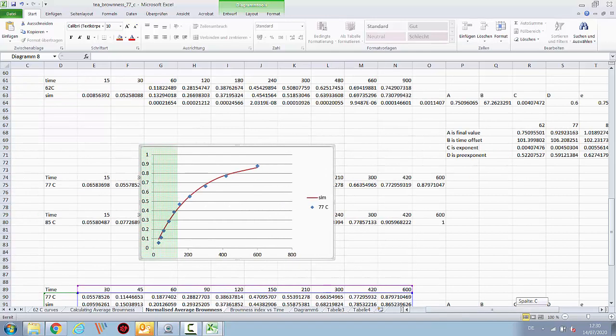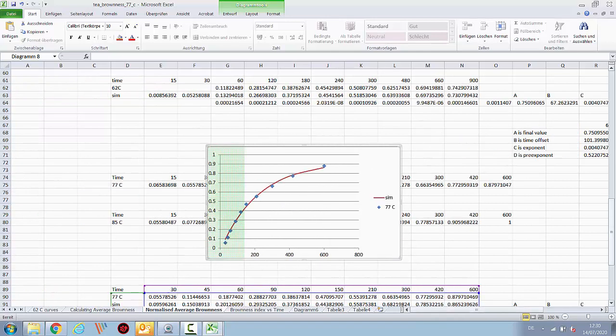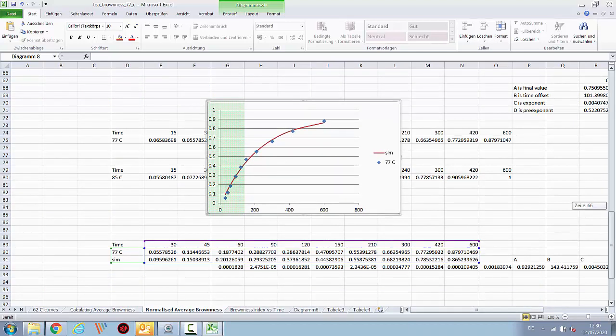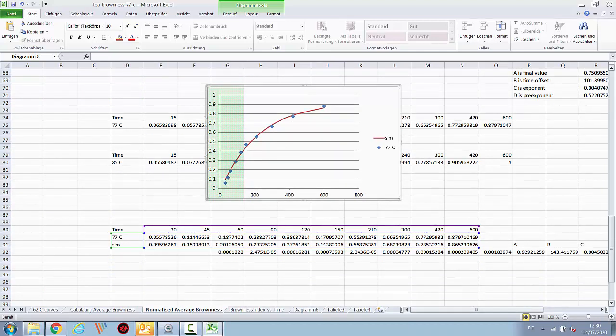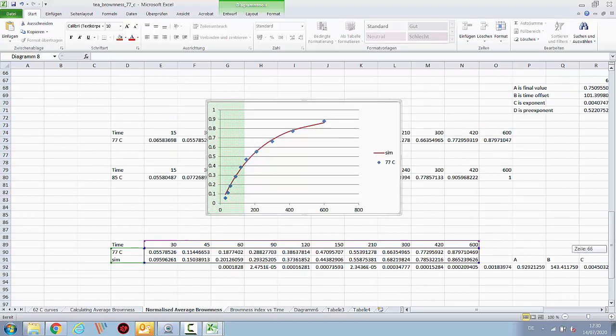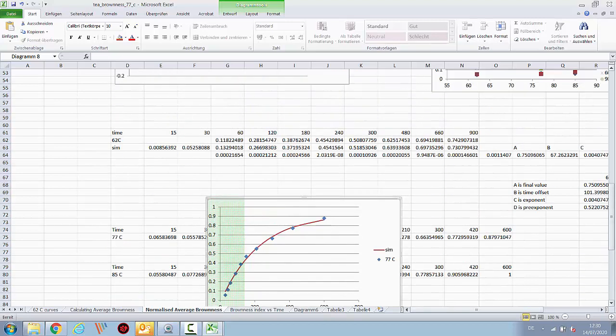So that's good, because the fewer things that you change per run, the better, because they're all teabags in different temperatures. We expect the exponent to change, the rate of curvature to change, but the other things shouldn't change that much if they're to do with how the teabags are dumped into the liquid, the volume of the liquid, how it's stirred, and things like that. So if we can fit it with these, which I managed to do, that's good.